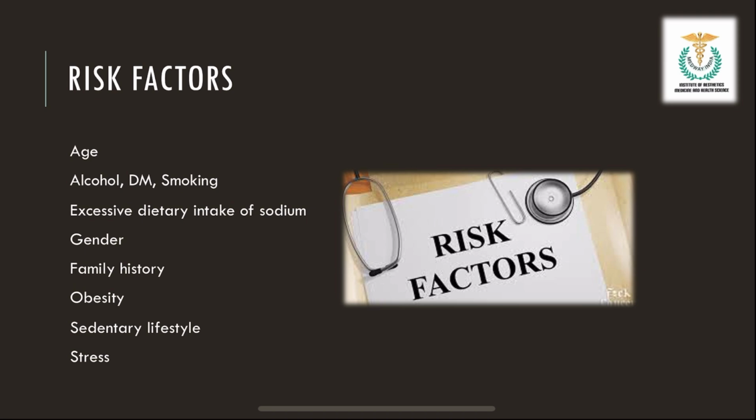Then being overweight or obese, not getting enough exercise, stress, a sedentary lifestyle, eating foods high in sodium, drinking too much alcohol, or smoking or using tobacco products. So these are the risk factors through which an individual can develop hypertension.